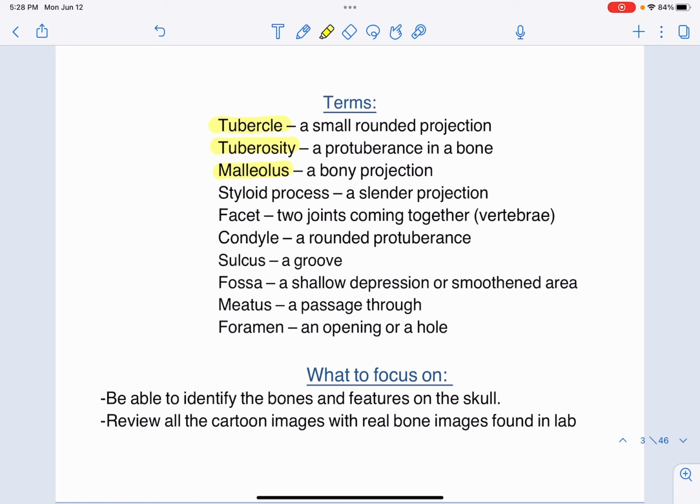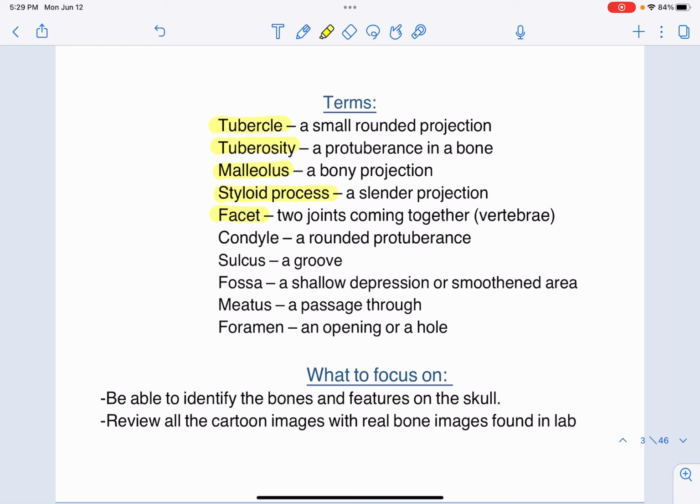A styloid process, there's actually going to be one when we talk about the skull, is a slender projection. You can think of it like a stylus pen. It looks like the tip of your stylus pen. A facet is where two joints come together.